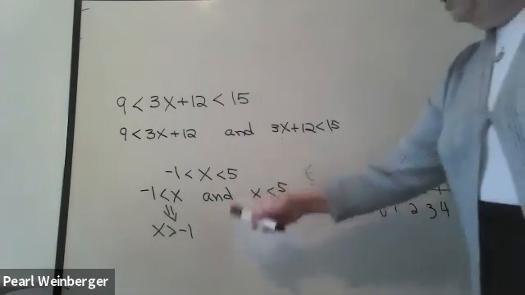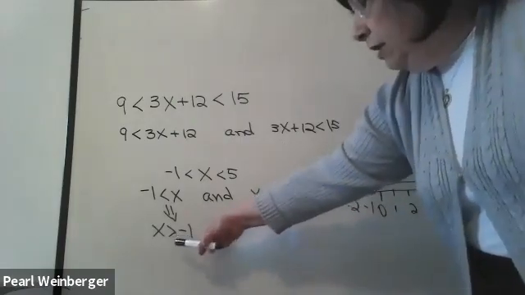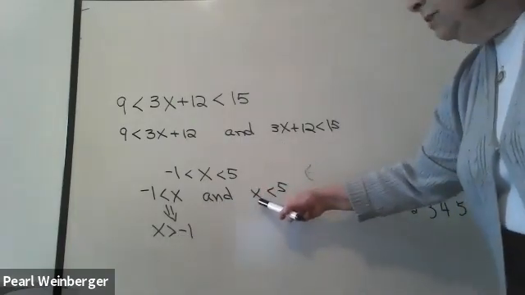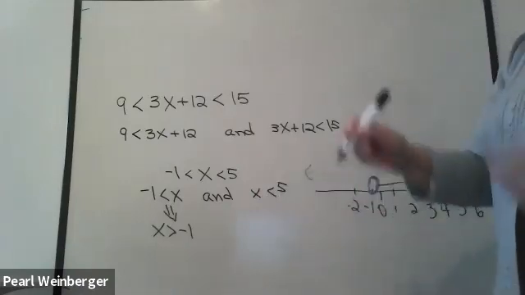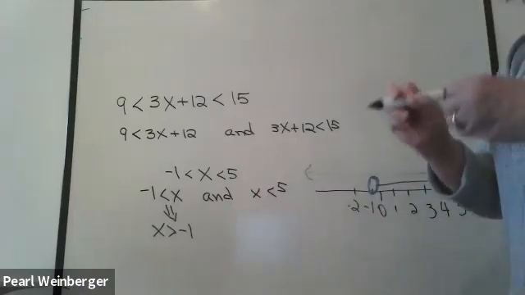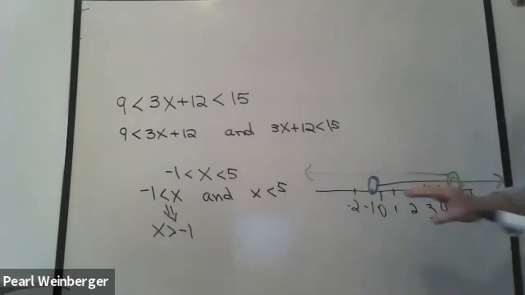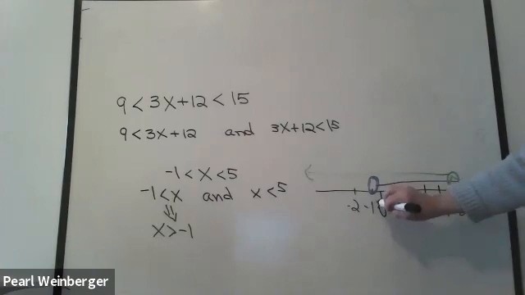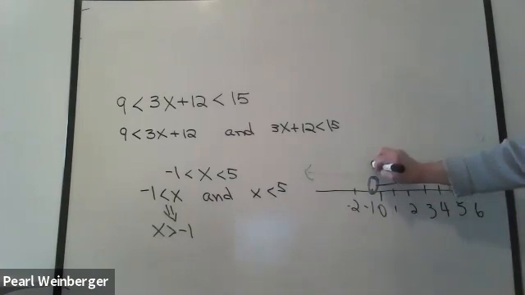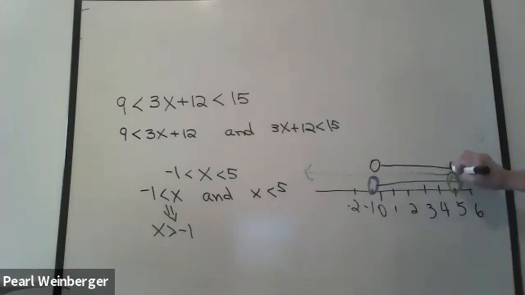To say that x is greater than -1 and at the same time x is less than 5 means both of those things have to be occurring at the same time. Which means on the number line, it has to be where the two sections overlap. In other words, the true answer to this is starting at -1 and going until 5.